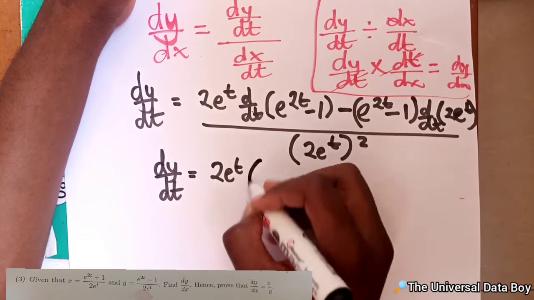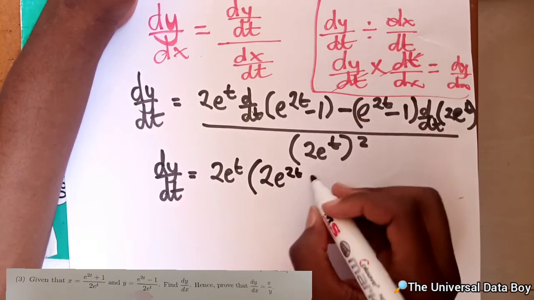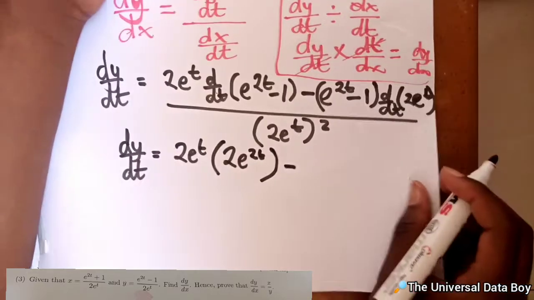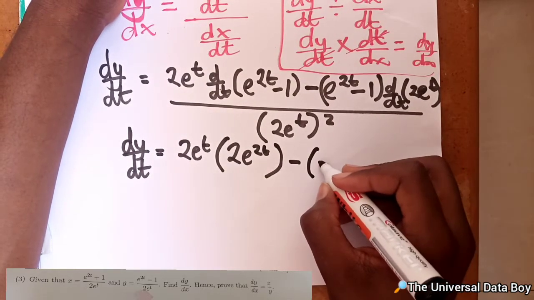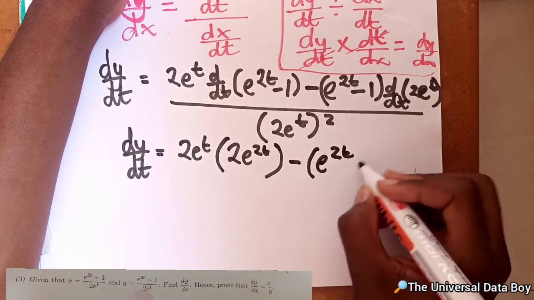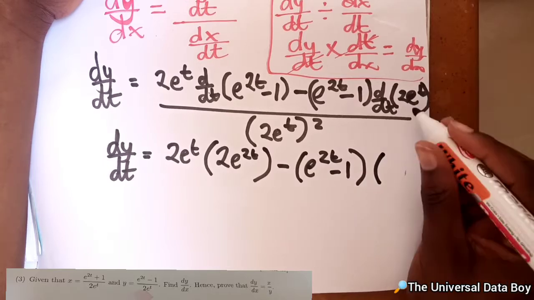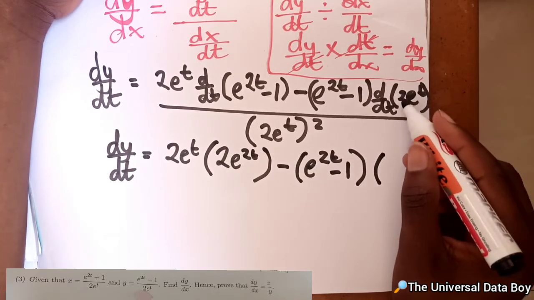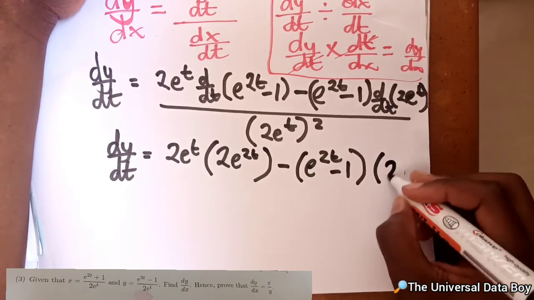So here we're going to find that it will be 2e to the power 2t. The derivative of 1 is 0, minus, we can just write this down, e to the power 2t minus 1. The derivative of 2e to the power t is basically 2e to the power t, because this one is a constant, so you can remove it. Then the derivative of e to the power t is just e to the power t.